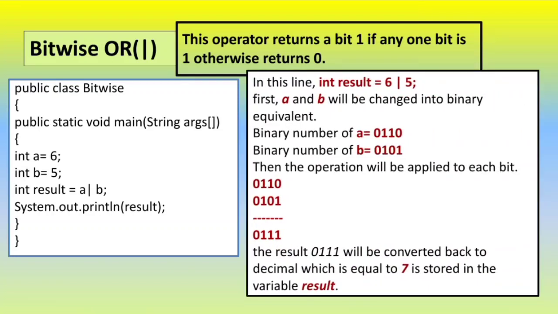The a value and b value are changed into binary form. After that it is calculated, that is 0 1 1 0 OR 0 1 0 1. The final value is 0 1 1 1. So that is converted into decimal form, which is 7. So the answer is 7.